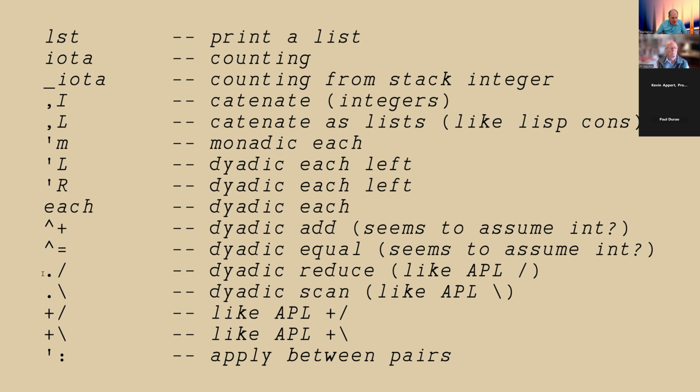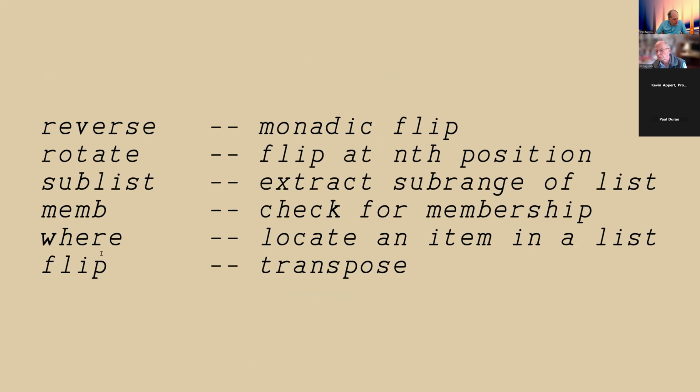There are reduction operations. So you can do a plus slash, just like what we saw in APL, or you can do a generic version of that which does it with an arbitrary function. The dot here is meant to imply that you can pass in an arbitrary function. Some of them are named; some that would have been symbolic ones, like that circle with a line through it, are given names in CoSy, which I think is a little bit more Forthy.